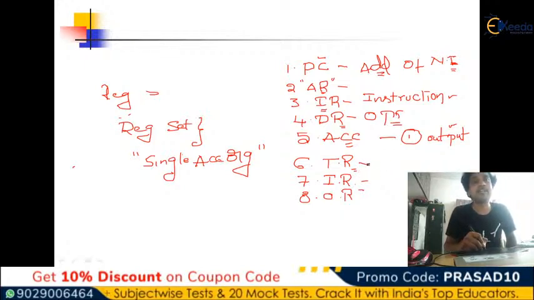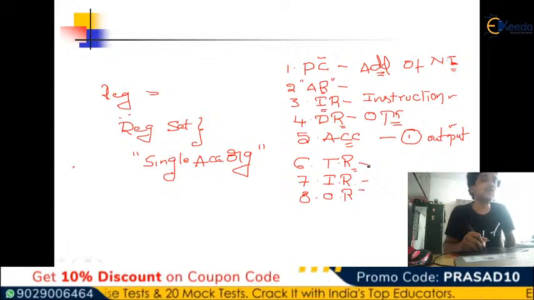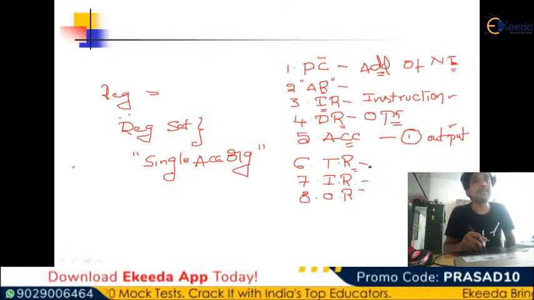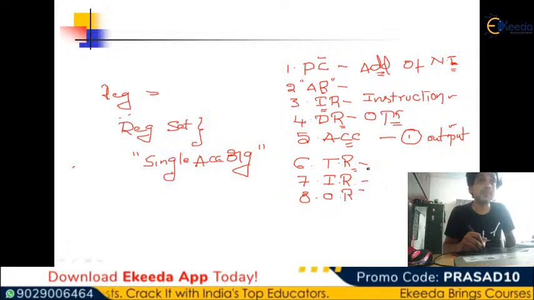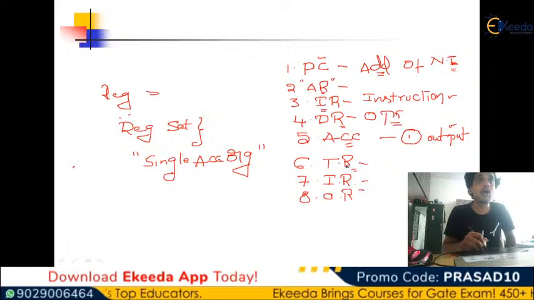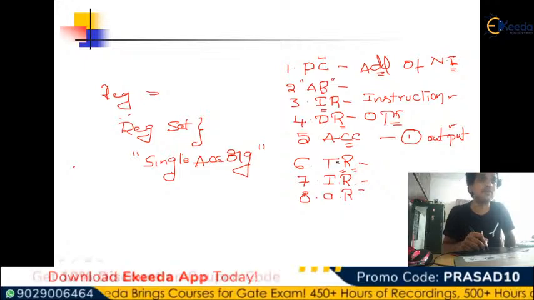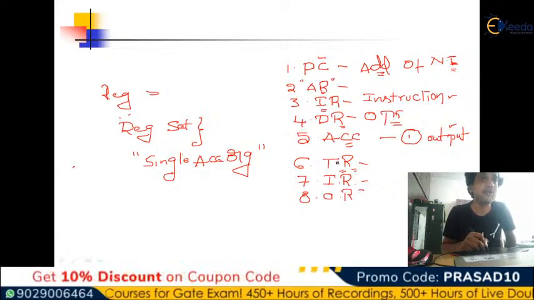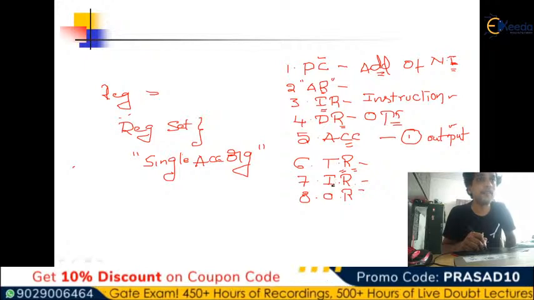What is a temporary data element? Sometimes when you write a program, there might be some temporary variables. Those variables, when they are needed, will be called into the temporary register. So the temporary register is going to hold some temporary variables whenever those are needed to execute within the program.